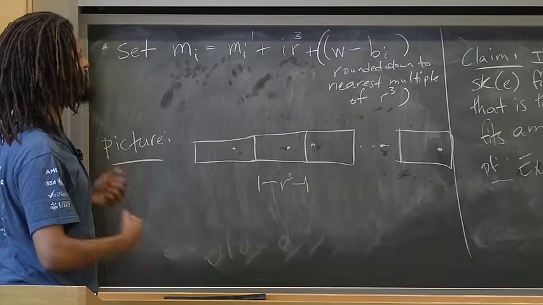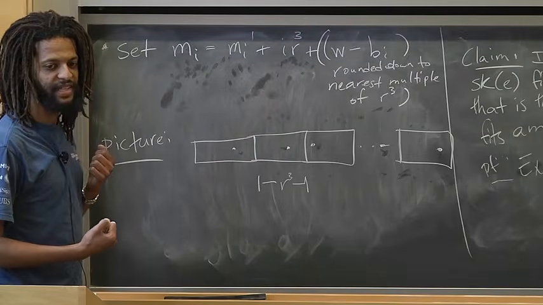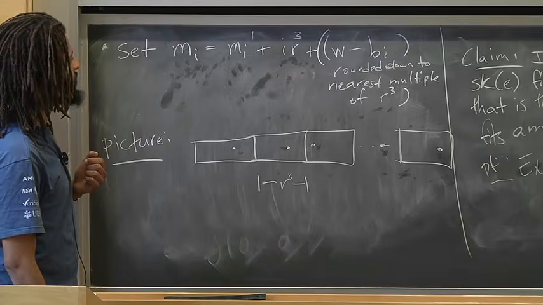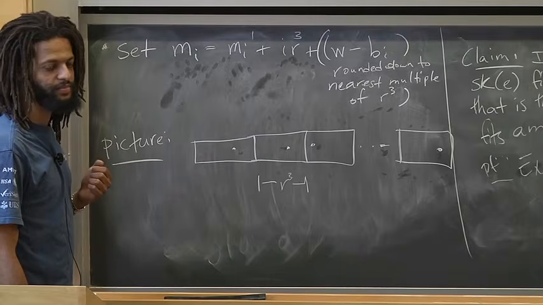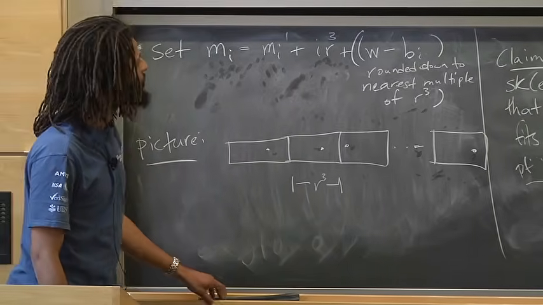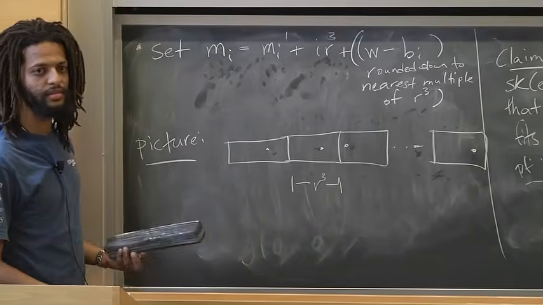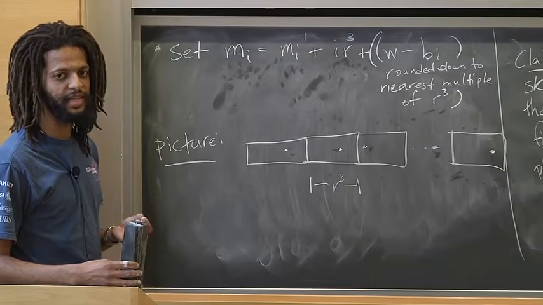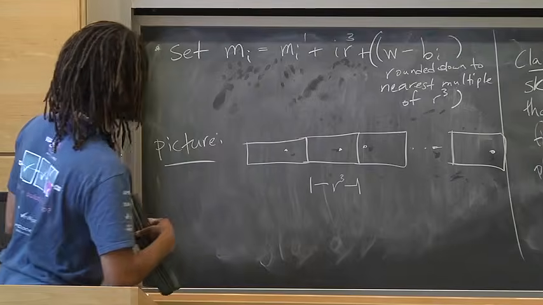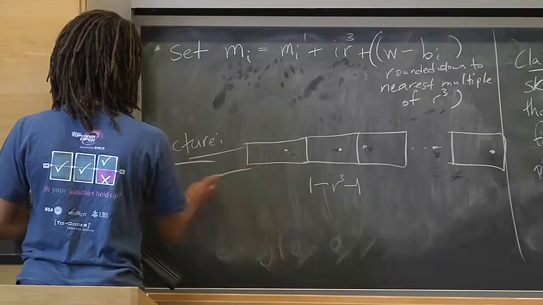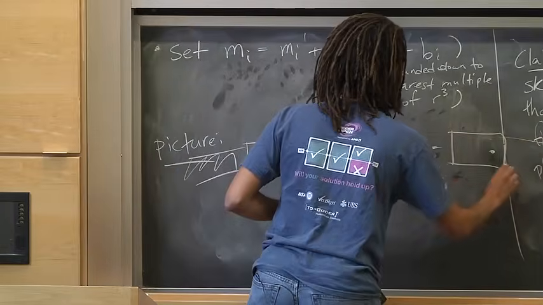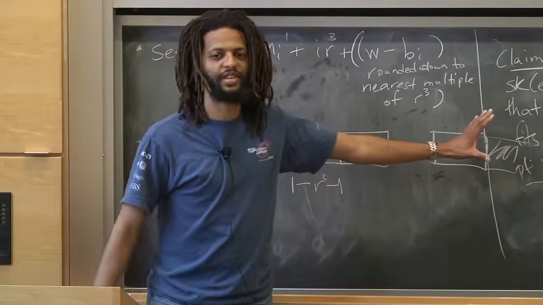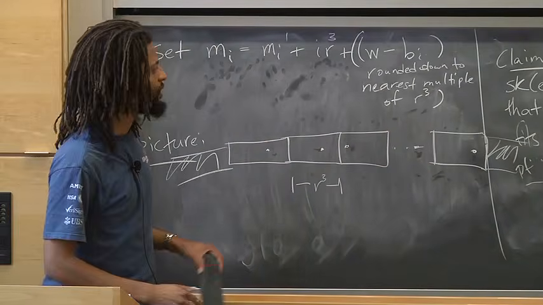Subtracting bi would just make things negative, so we put the w to prevent that. This might take up a constant number of words, but that's okay for us. There might also be some junk here that we don't care about, and also some junk here, but at the end we're going to mask and shift everything to the right anyway, so we don't care.